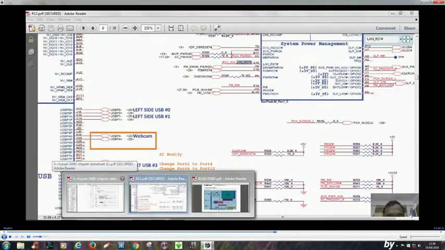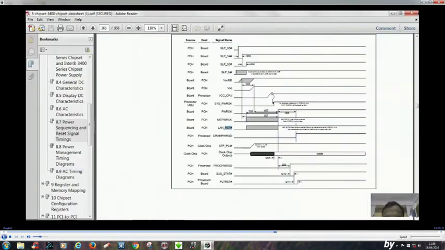Now we go in the data sheet and check the next signal. This is DRAM power good. Sometimes in a schematic diagram you will find this as DRAM power OK, because this is a signal coming out from the PCH and going to the processor to indicate that the DRAM power is OK.